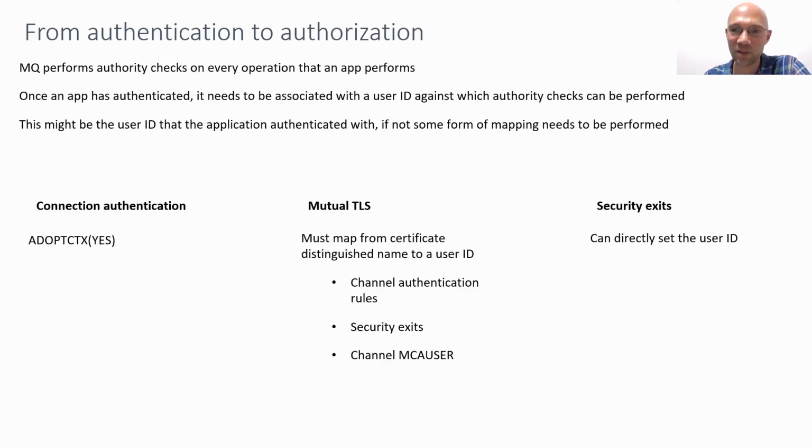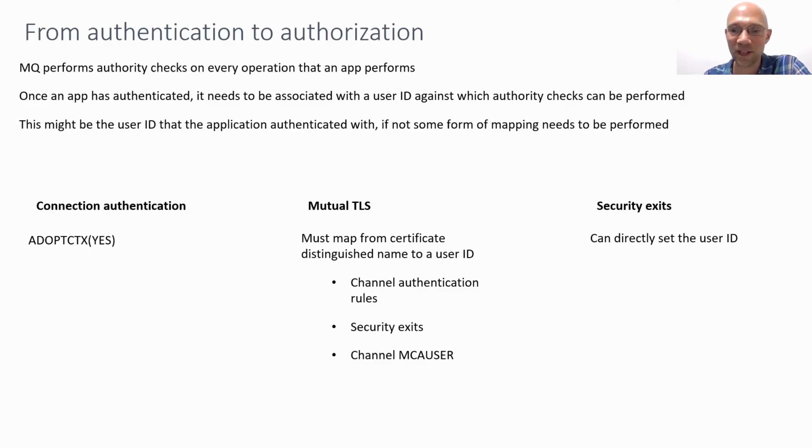So if I log into the queue manager and give the queue manager the user ID Gwydion and my password, then you might want to adopt that user ID for the lifetime of that connection. So all the authority checks would be performed against the user ID Gwydion.